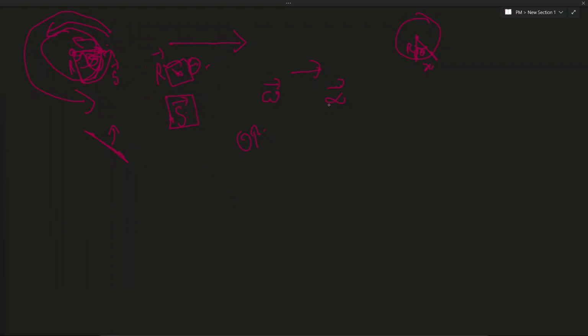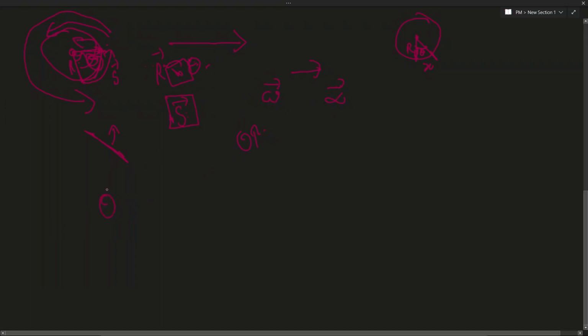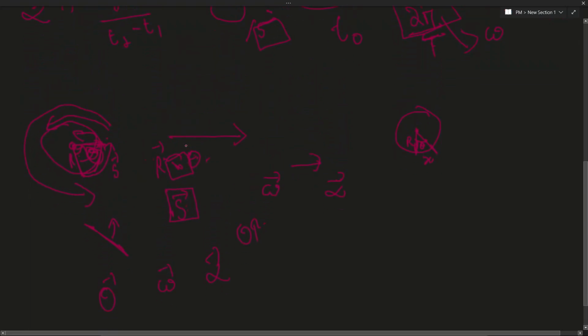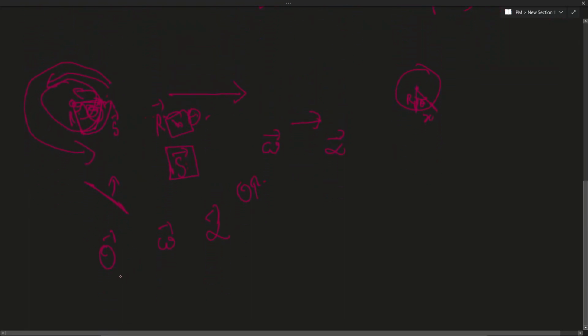Since we've spoken about all three of these, theta, omega and alpha, we can also observe that their linear counterparts, angular displacement and linear displacement, angular velocity and linear velocity, and angular acceleration and linear acceleration, can all be related using this disk.